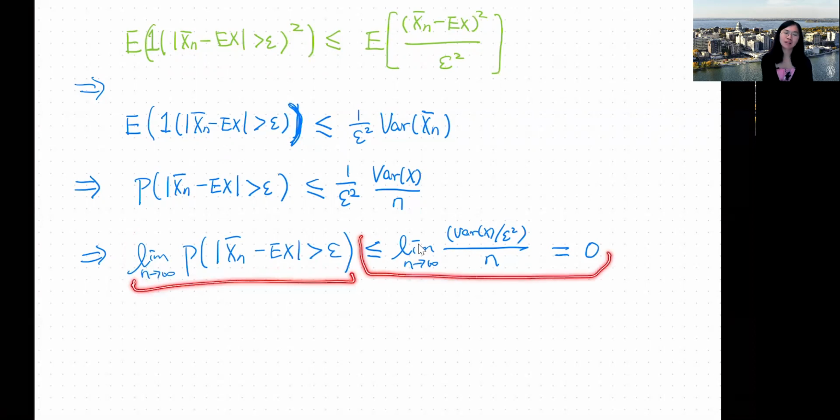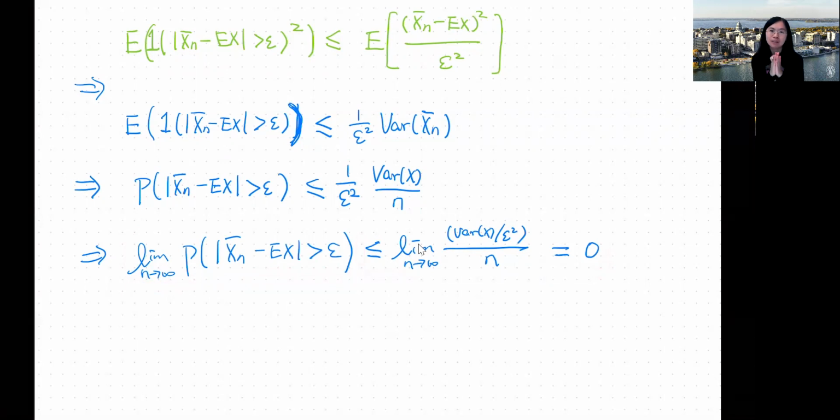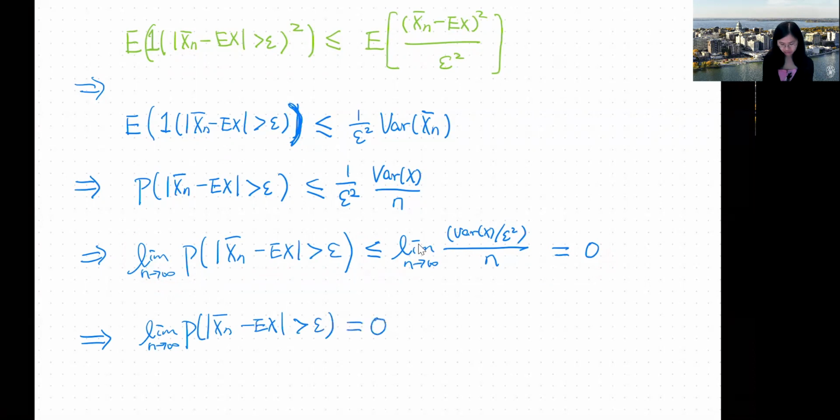So it's bounded from above and below by 0, so it has to be 0. That proves the law of large numbers.